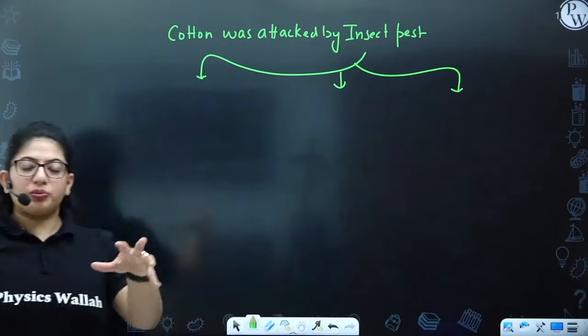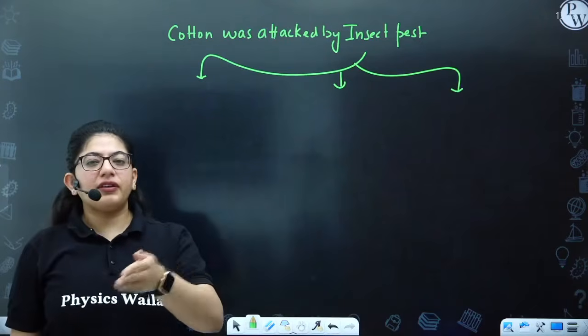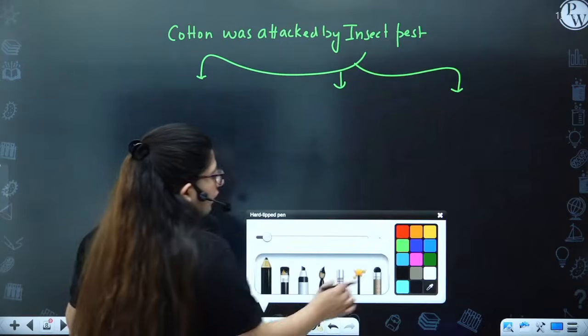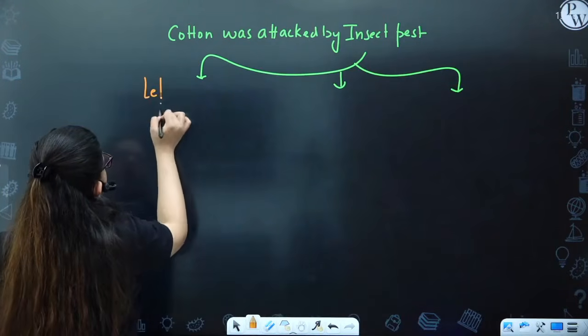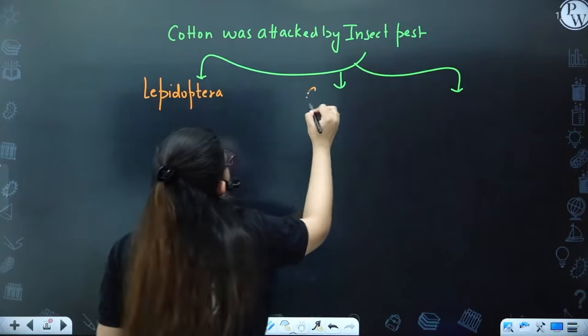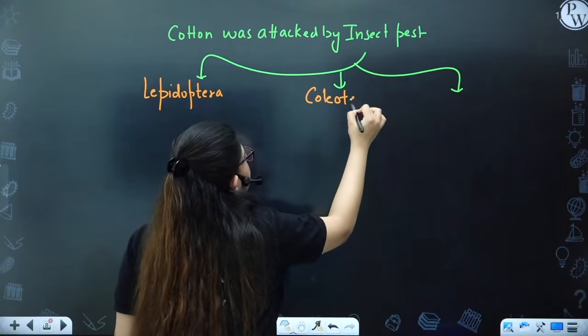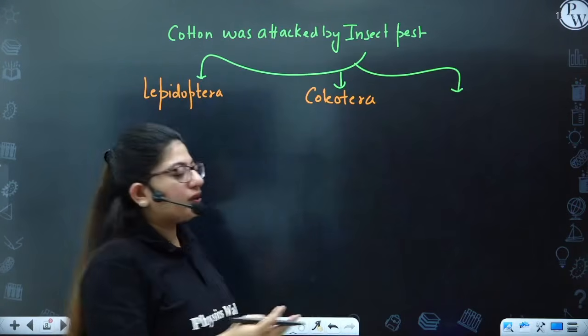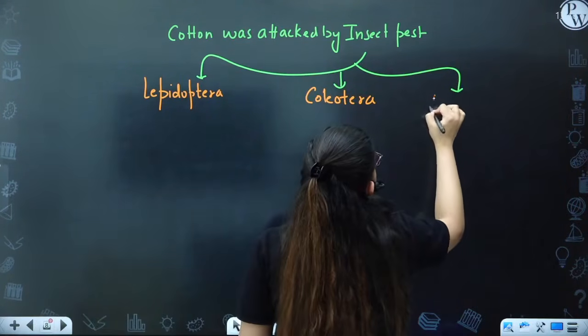We have phylum Arthropoda, then class Insecta, and then certain orders in the hierarchy. So there are three orders. One is Lepidoptera, another is Coleoptera. There are certain other orders as well, but these are the three orders which are the insect pests of the cotton: Lepidoptera, Coleoptera, and then Diptera.